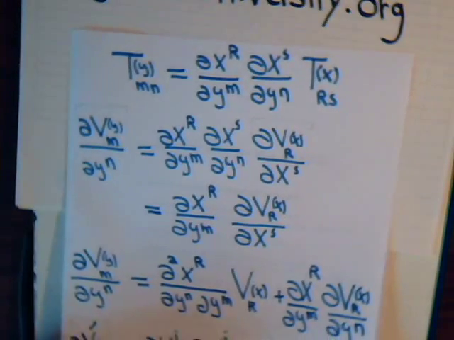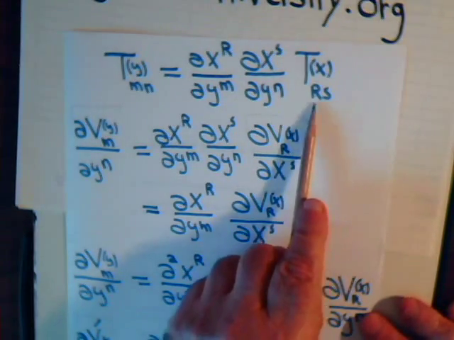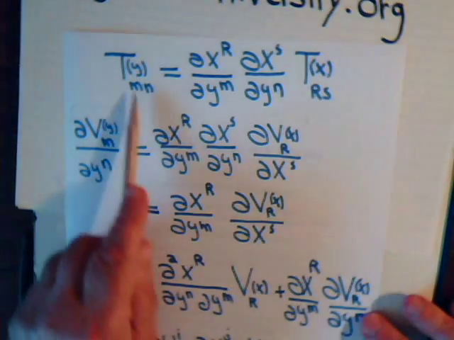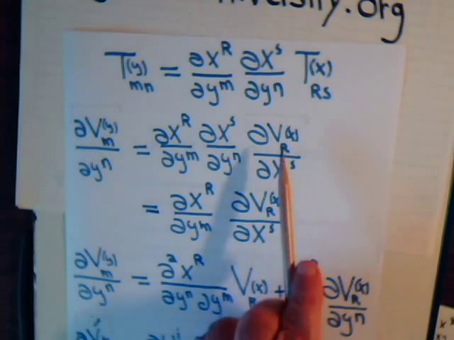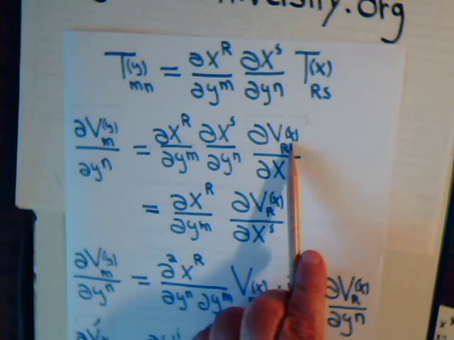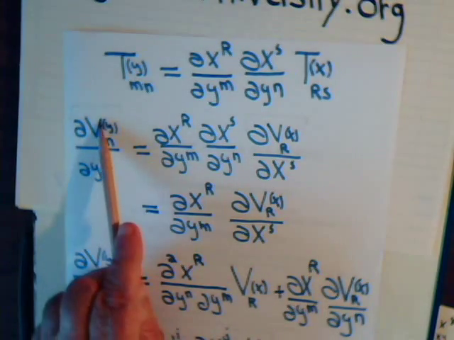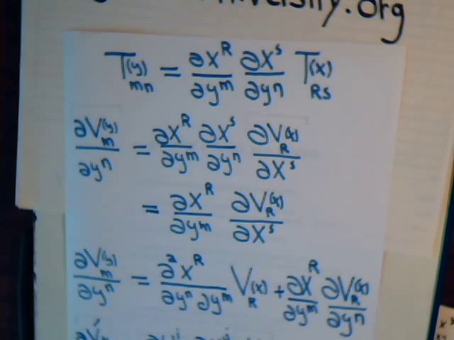Specifically, here is how a second rank covariant tensor transforms from one coordinate system into another. Here we have a d-squared number of partial derivatives in the x Cartesian system, and here we have a d-squared number of partial derivatives in the y curvilinear coordinate system.